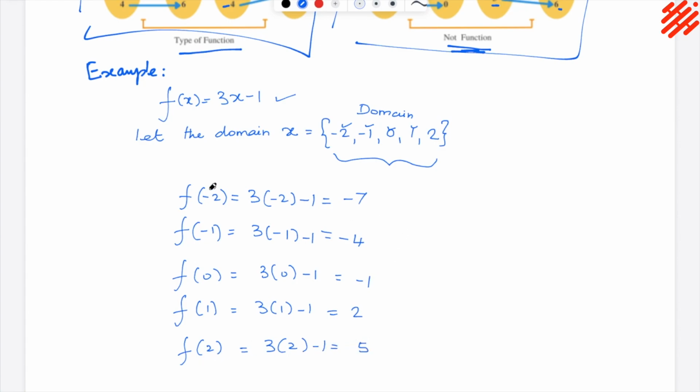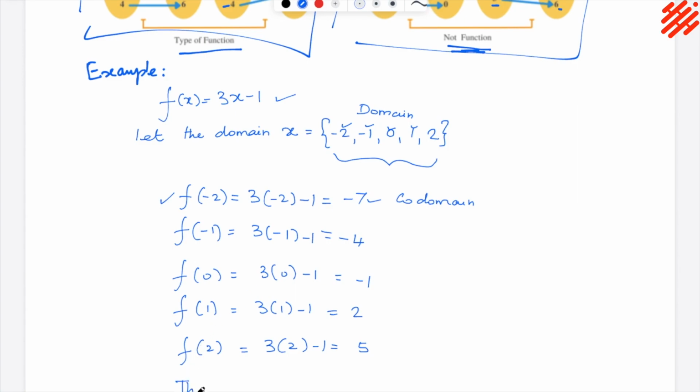So each of these is a codomain value. F of -2 is a codomain value, and the complete set is called the range.